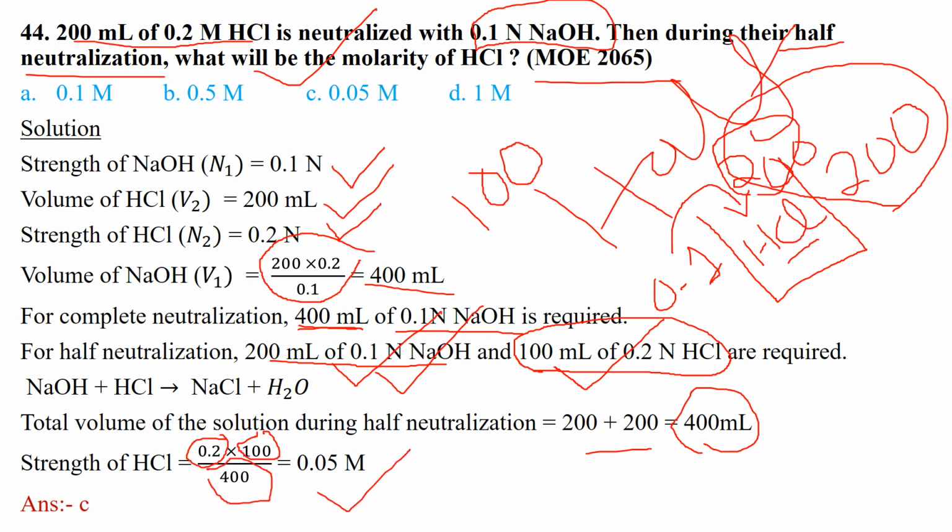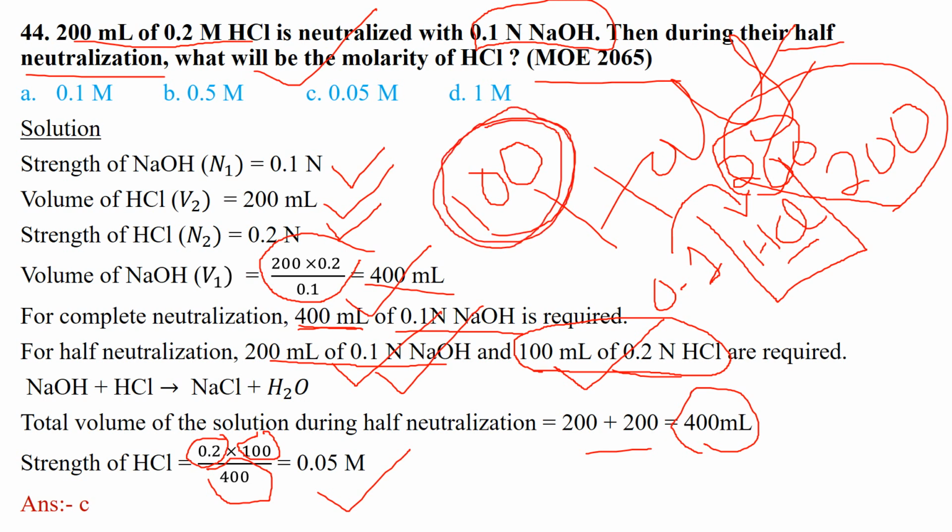We have to have the volume of both HCl and NaOH. The total volume required for complete neutralization is 400 ml of 0.1 normal NaOH. However, for half neutralization only 200 ml is required, and this 200 ml of 0.1 normal NaOH neutralizes 100 ml of 0.2 normal HCl. Then only 100 ml of 0.2 normal HCl remains inside the beaker.